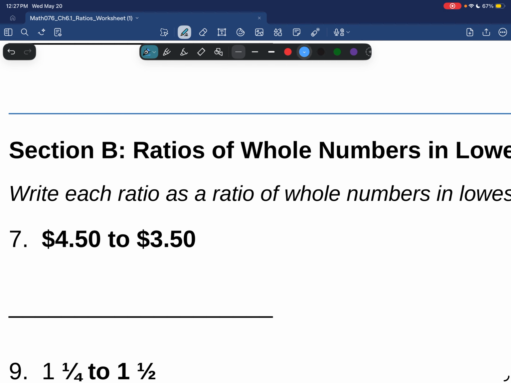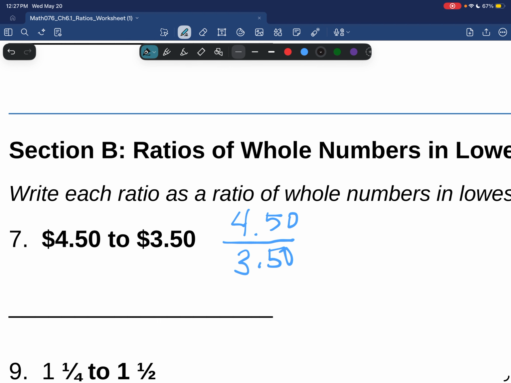Okay, I got another ratio. 4.5 is my numerator, and I got the 0 on there. I don't really need it, but I've got it, over 3.5. Okay, I want to simplify and put this in lowest terms. I'm very uncomfortable right now because I've got decimals in my fractions, which I hate, so I want to get rid of that.